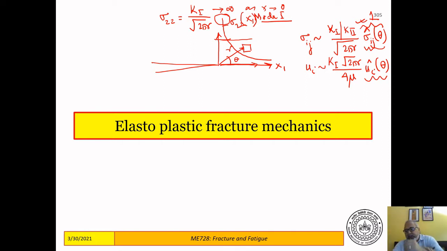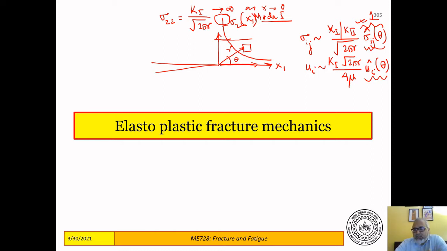So in this week I'm going to give you a flavor of what happens when there is yielding at the crack tip, and we will try to establish the importance of LEFM in spite of the fact that there is a plastic zone at the crack tip.